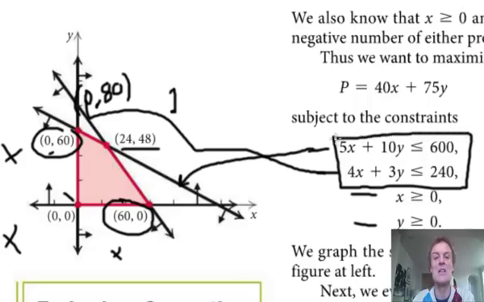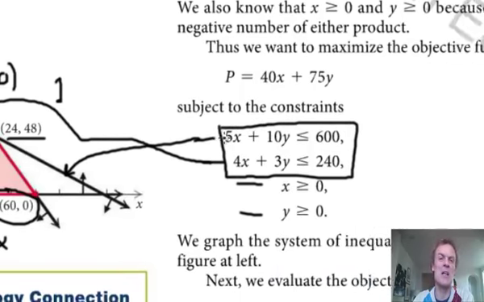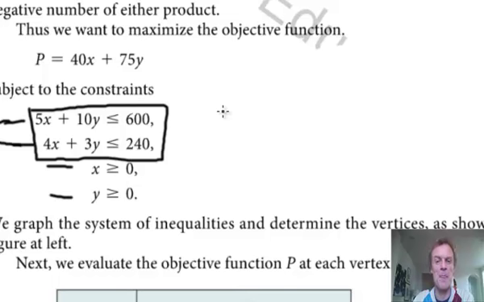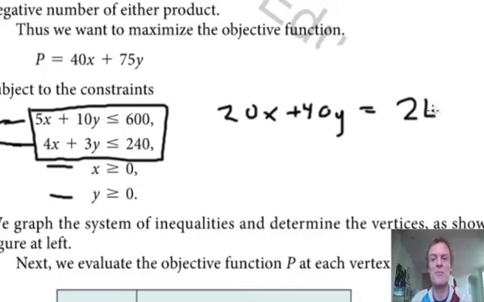Okay, elimination by addition. So if I multiply this one by 4, I'll get 20x plus 40y equals, multiply 2400. So I multiplied everyone by 4. This one by negative 5, I'll get negative 20x.